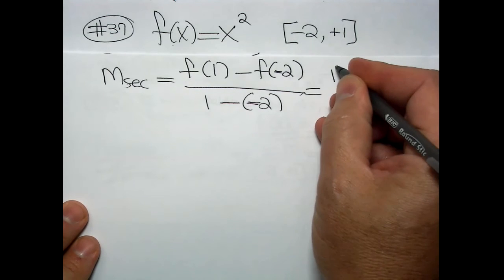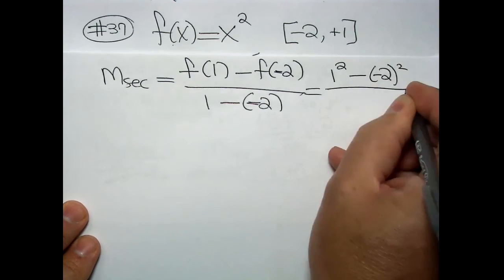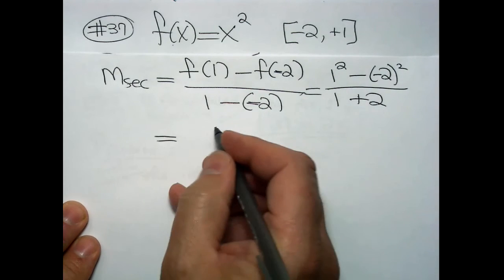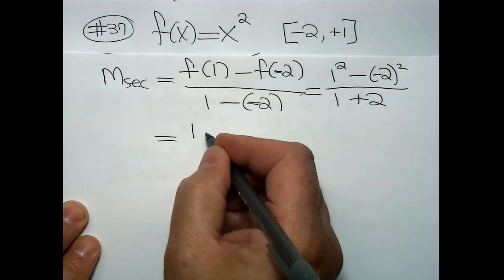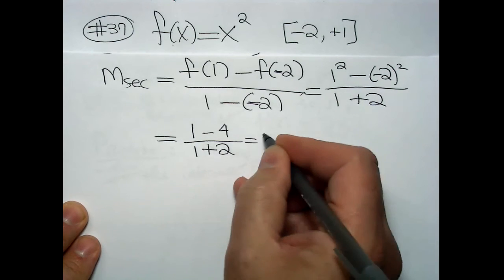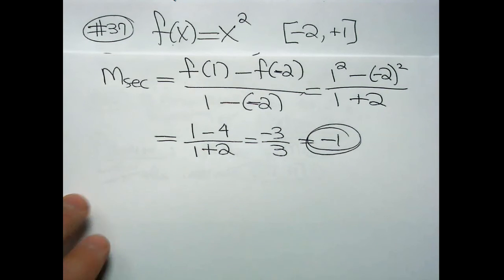So that would be 1 squared minus -2 squared all over 1 plus 2. The secant slope is 1 minus 4 over 1 plus 2, -3 over 3. Secant slope is -1. On this particular interval, the secant slope is -1.